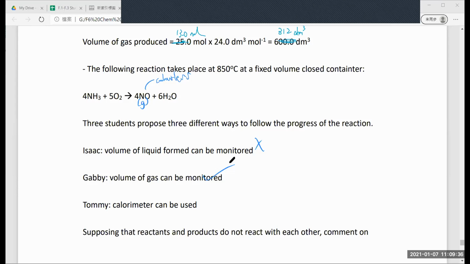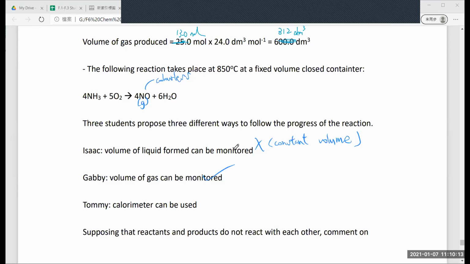They are different. So altogether 9 molar of the gases form 4 molars of the gases. So measuring volume of gas is possible. No, that's not possible, because the reaction takes place in a fixed volume closed container, so you cannot measure the volume of gas. You can only measure the pressure of the gas.